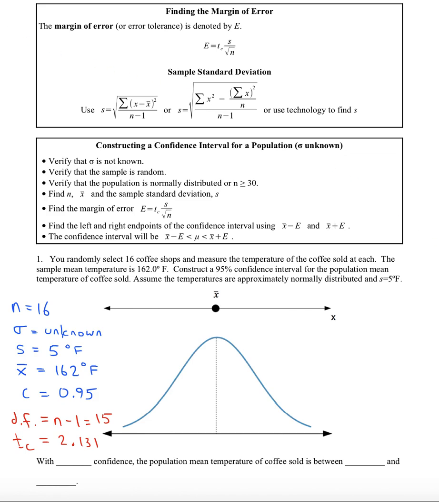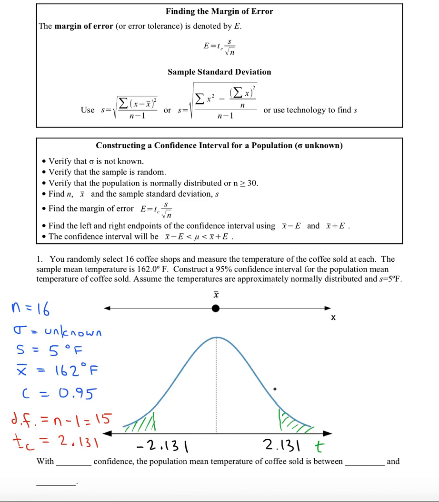Okay, at this point I'm going to go ahead and start to sketch my curve. Now let's put our TC values down. We're going to have 2.131 and negative 2.131. This is the TC, and this one's the negative TC.